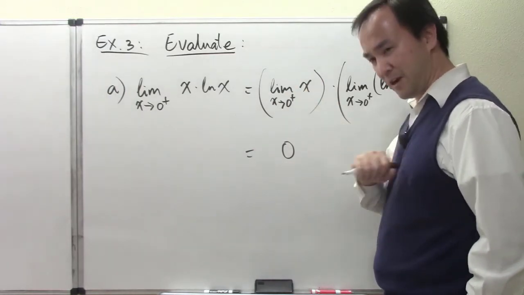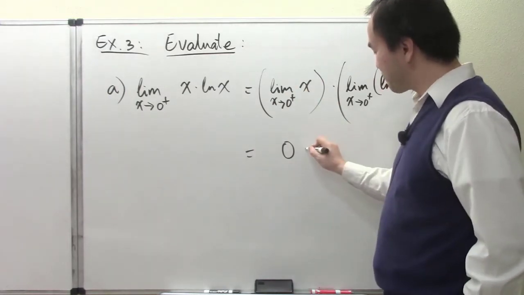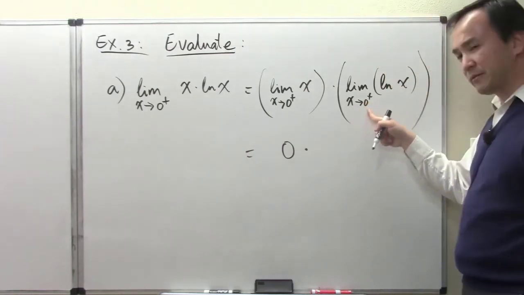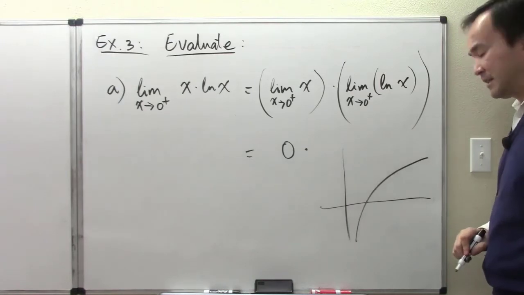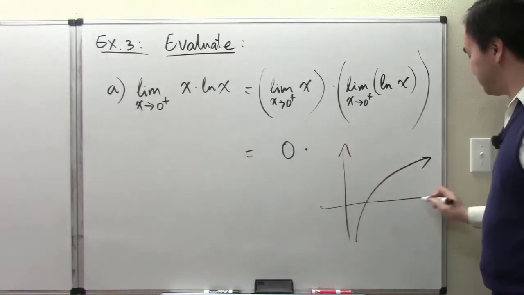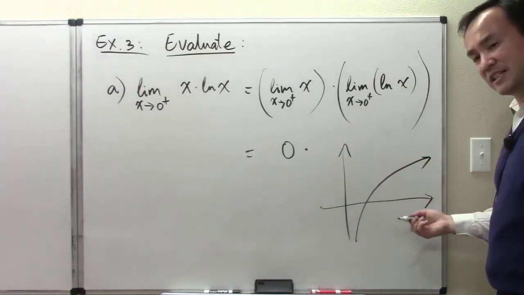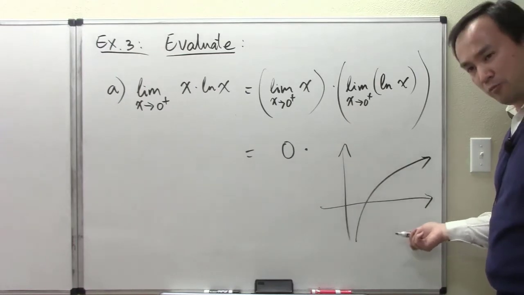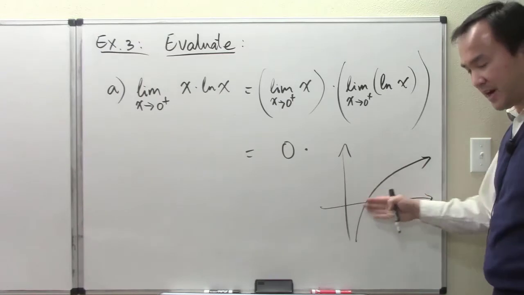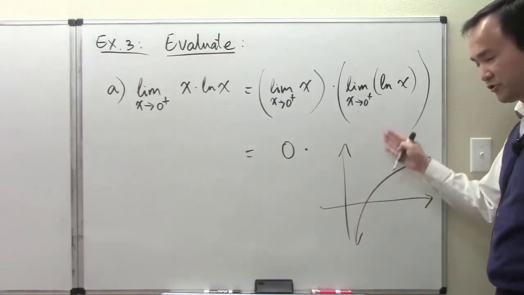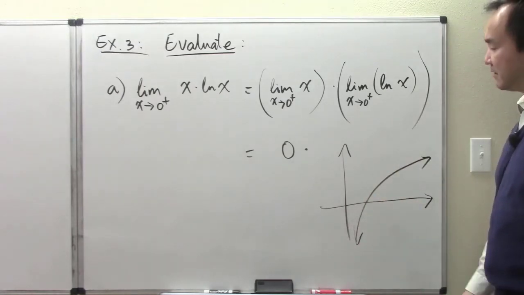We should have known that by heart up to now. Now, as x is getting close to 0 from the right-hand side, our natural log function looks like that, and you're not really required, but understanding the graph of these things also helps big time. As you get closer to 0 from the right-hand side, your natural log of x function drops to negative infinity.